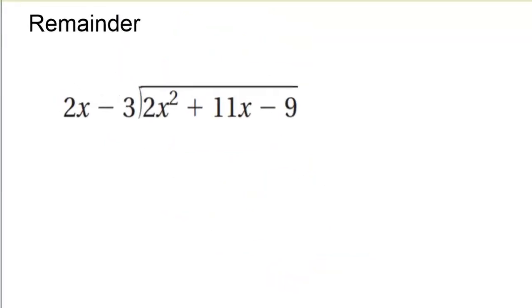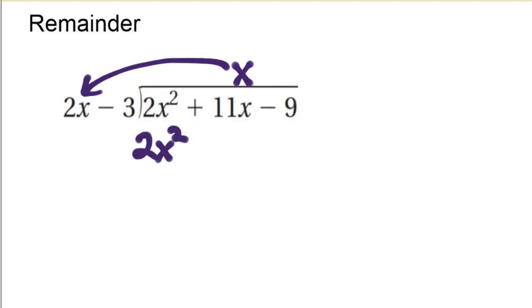For this next example, we are going to have a remainder, but we're going to focus on the first number here. And what do we have to multiply 2x by to make it look like 2x squared? And it looks like it's just a plain old x. So we're going to put an x right here, and then we're going to distribute. x times 2x is 2x squared, and x times -3 is -3x.